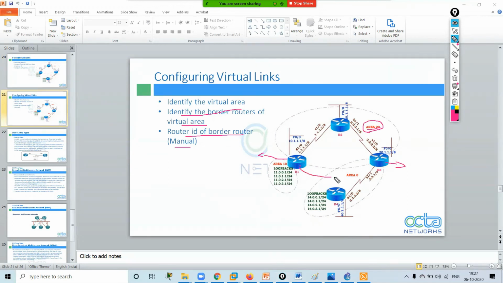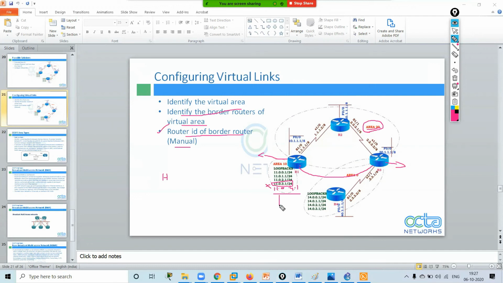So we are forming a virtual link between two ABRs, and we are forming this virtual link with this router ID. Suppose as per my router ID concept, it took the highest IP address of the loopback. Now in future, suppose I removed this loopback, or I created one more loopback, 0.4.1, and after creating this loopback, I gave a clear ip ospf process command.